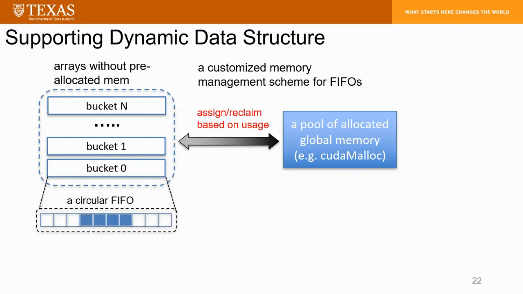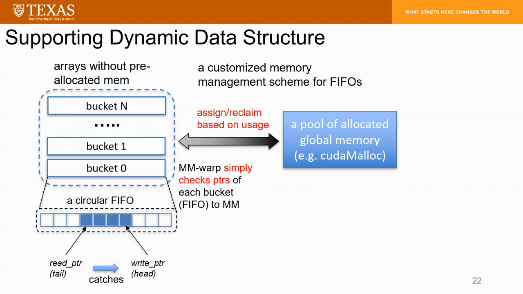Each bucket is used as a circular FIFO, so we have read and write pointers, and they all move in the same direction. The manager warp simply checks the pointers to do memory allocation and deallocation. For example, when the write pointer increments, that means we need more memory to hold data, so we allocate a new block.